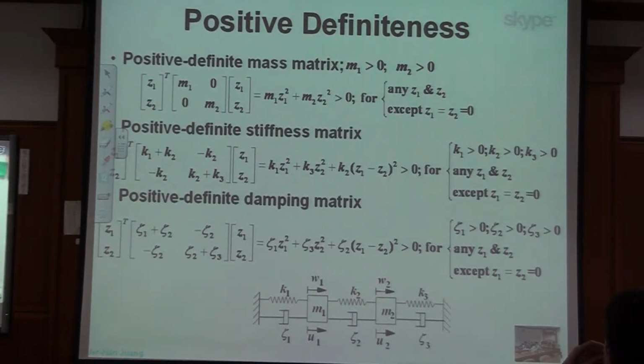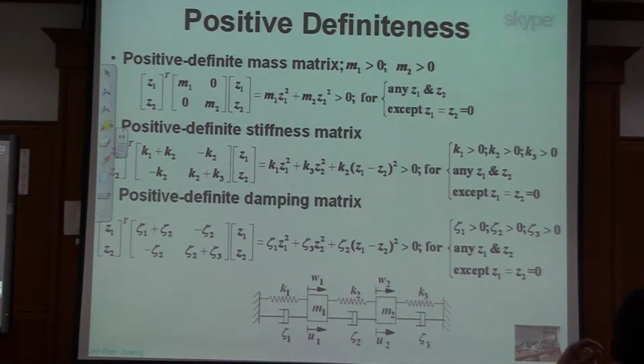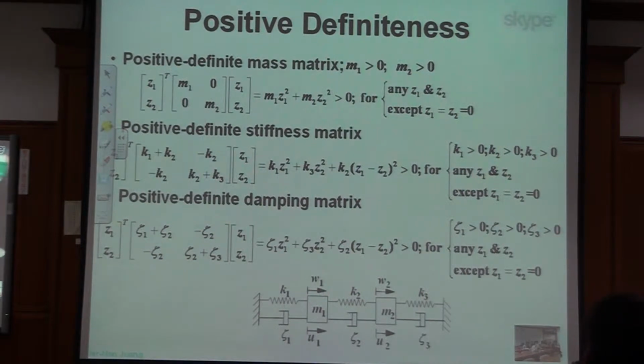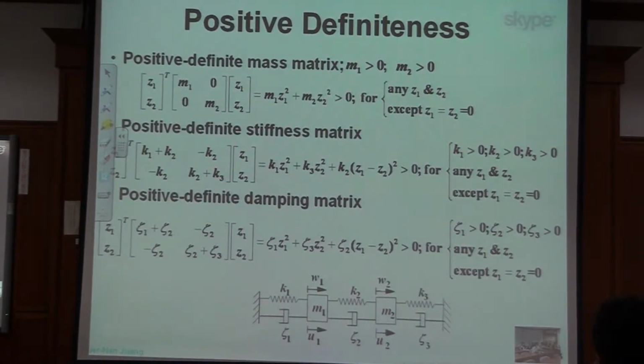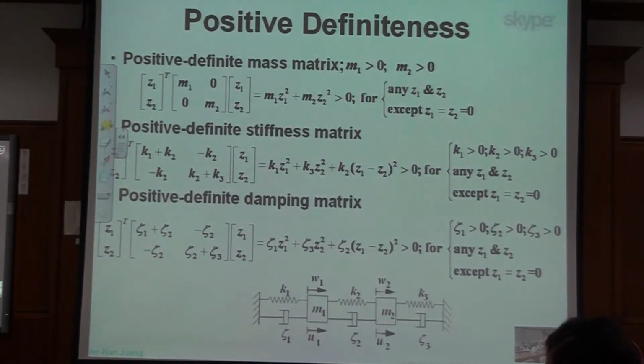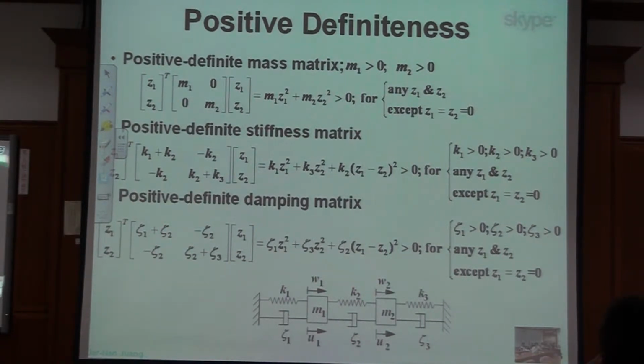If all matrices are positive definite, and there's no semi here, if they are all larger than 0, they are all positive definite. And if they are all positive definite, then what happens?